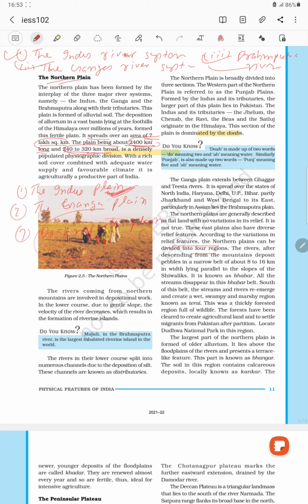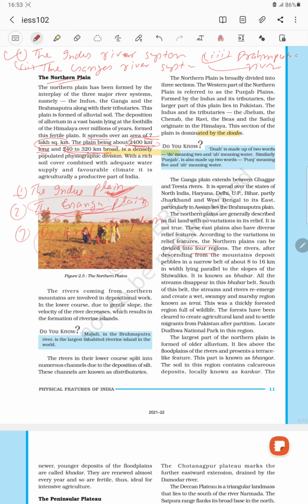That plain is formed. In the Ganga plain, the Ganga river and its tributaries form the plain of Bihar, UP, Haryana, some part. So these parts are generally formed by the Ganga plain.